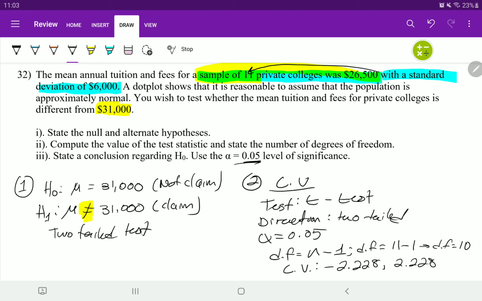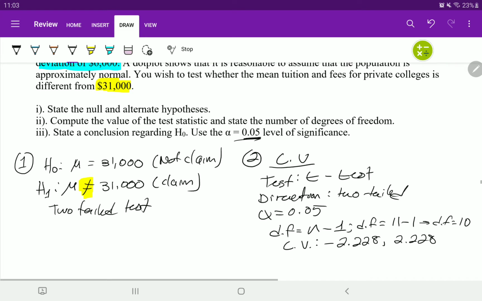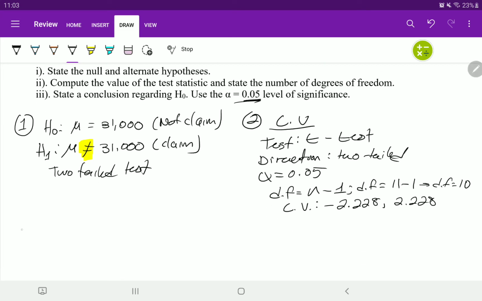Step 3, compute your test statistic or your test value using the t-test formula. T equals the sample mean minus the population mean divided by the sample standard deviation, sometimes called the estimated standard deviation, which is divided by the square root of the sample size.